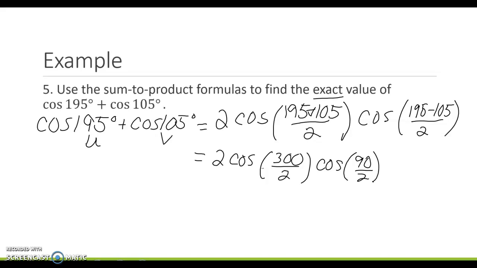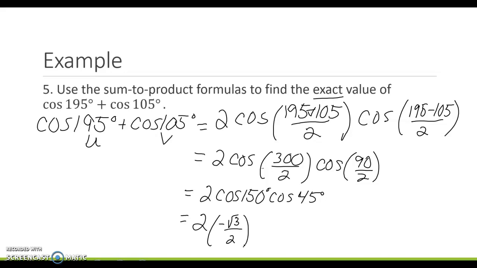We're going to continue to simplify this. So 2 cosine, 300 divided by 2 is 150. 90 divided by 2 is 45. These are both values that are found on my unit circle. And let's just substitute in what we know. So on our unit circle, cosine of 150 is negative square root of 3 over 2.